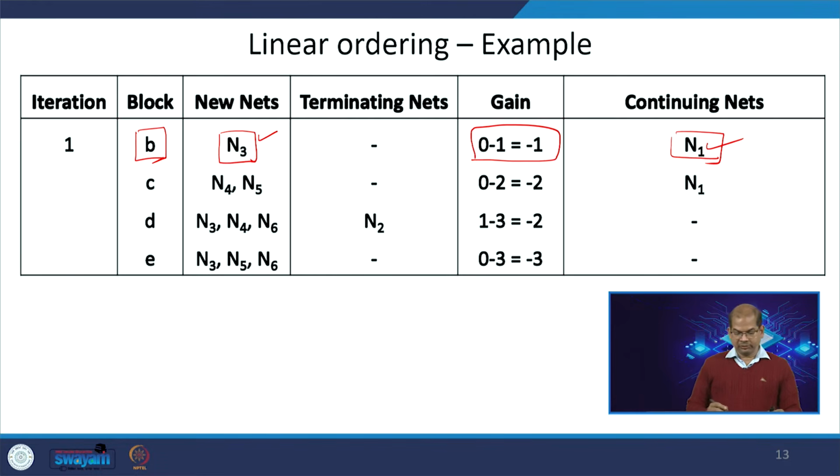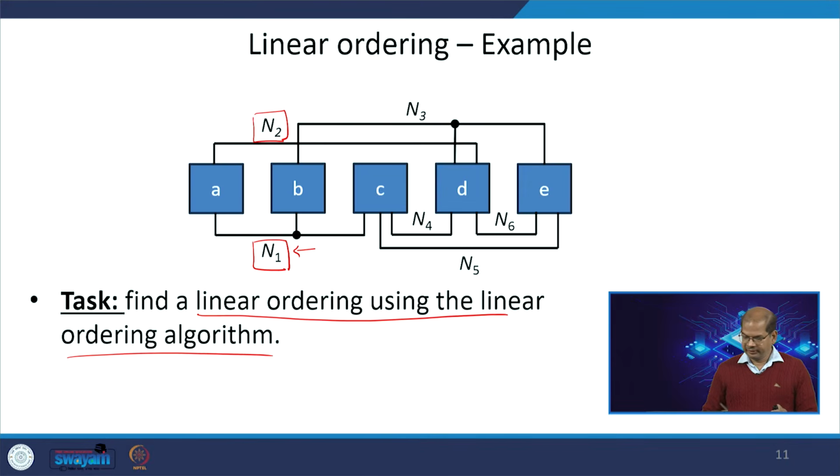So, a similar approach I need to do. If block C will be placed after block A, what are my new nets? If the block C will be placed after A, then the new nets will be N4 and N5.